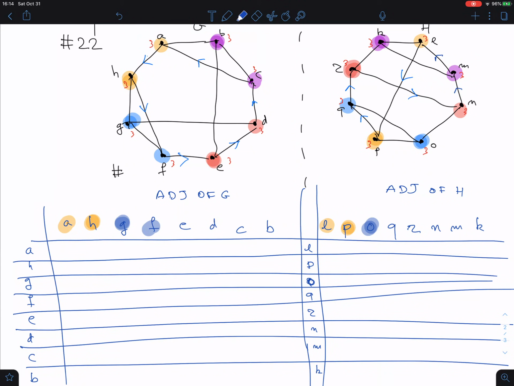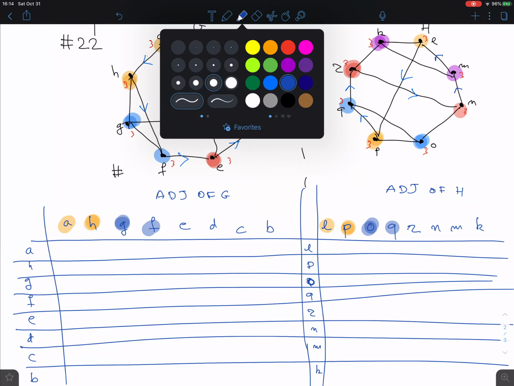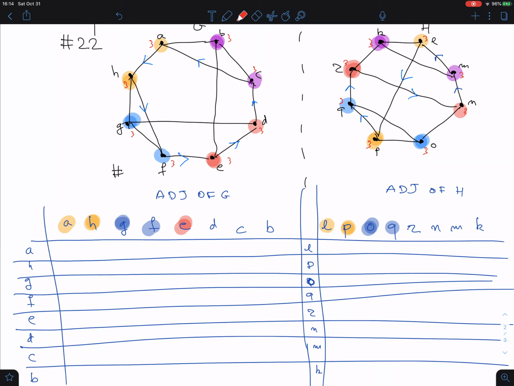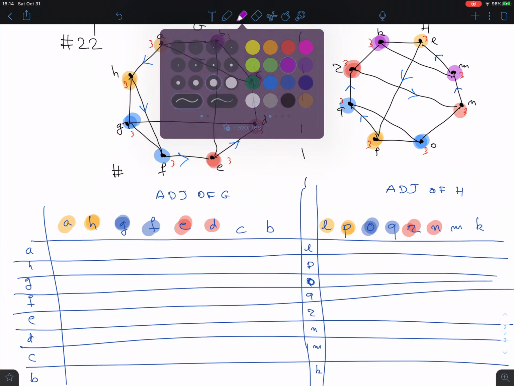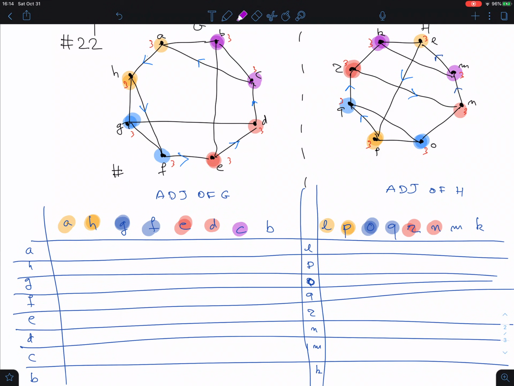Q is a single blue. Then comes a red, and then E is a double red, and just to see, R is indeed the double red. And then finally, the purple guys. C is a single purple. Is M the single purple? Yes. D is a double purple. K is a double purple. I hope now it's visually much clearer what is happening.